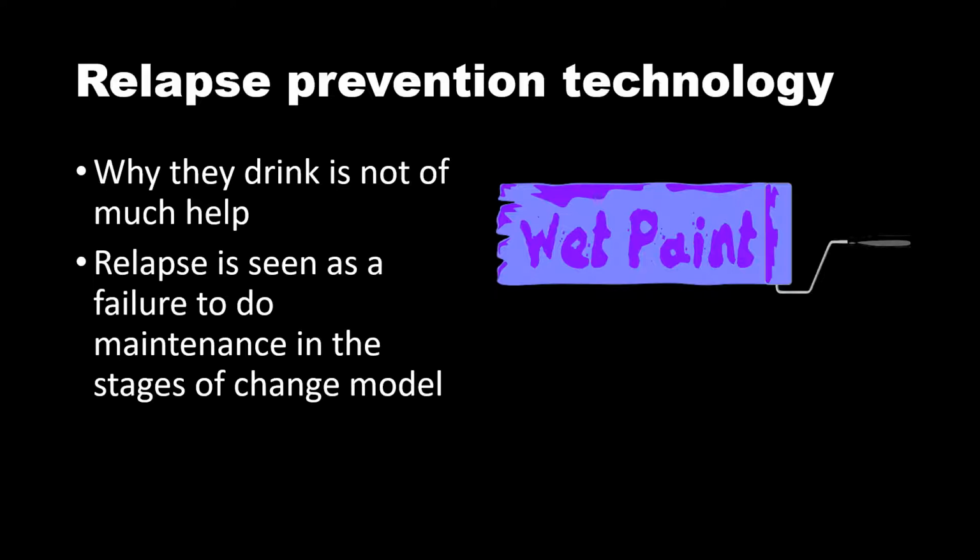In current thinking, relapse into active use is seen as a failure to do maintenance in the stages of change model, and we'll talk more about that model in other places. But once people are able to give up drugs and alcohol, they need to do active steps to maintain this new clean and sober, recovered lifestyle.